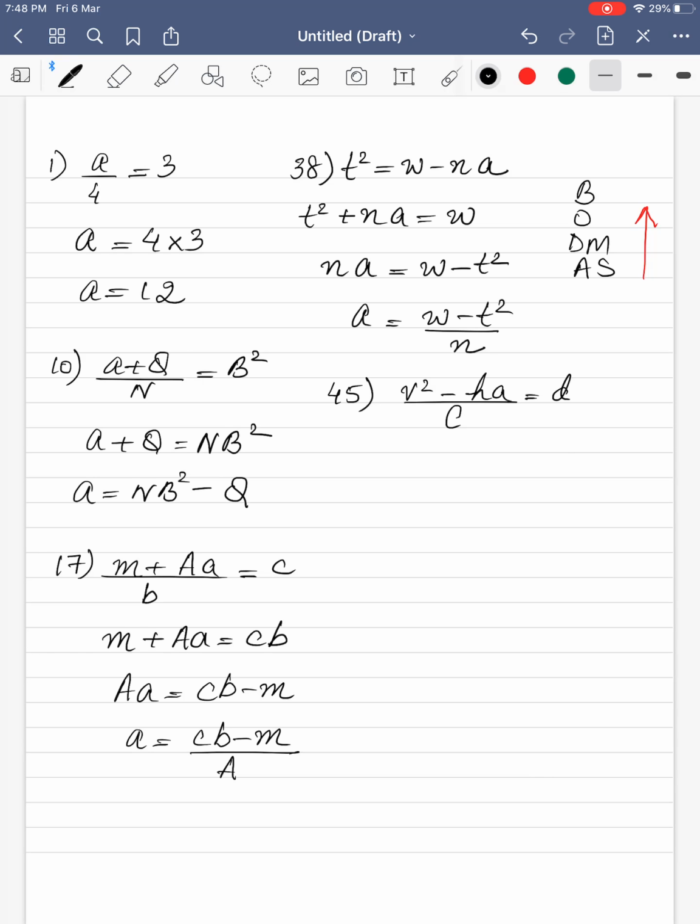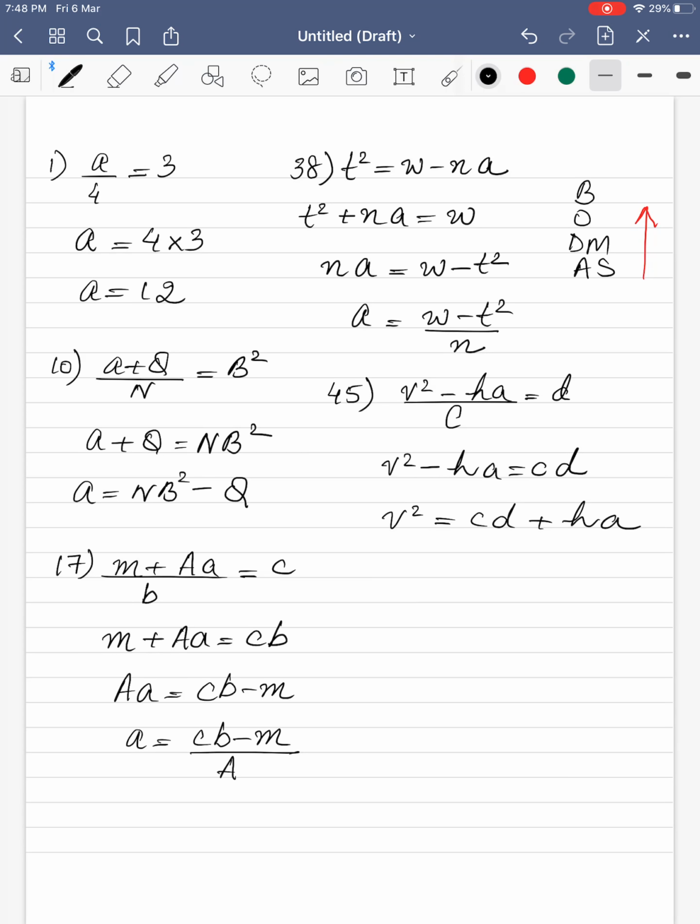We will take the division to the other side, as that's the other option we have. So c in the division becomes multiplication. Now the term containing h is negative, we can take it on the right hand side. So we have v square is equal to cd plus ha.